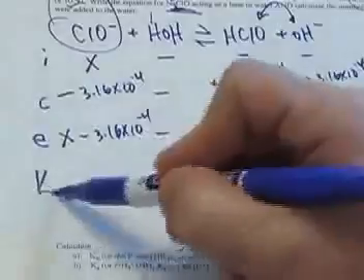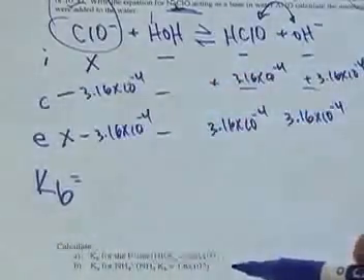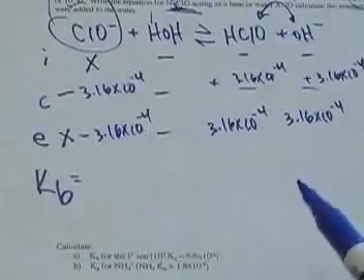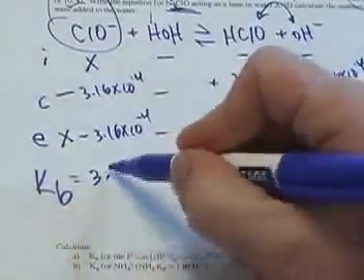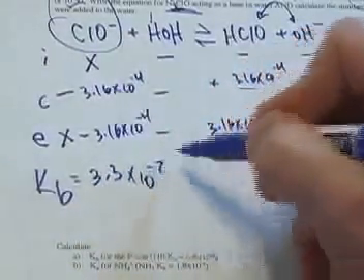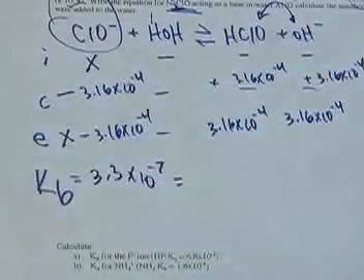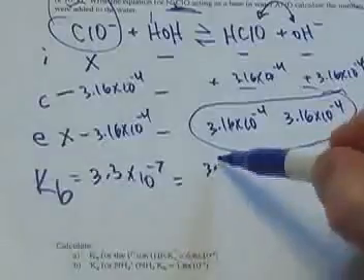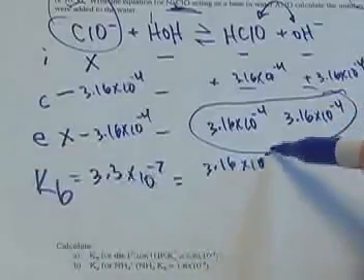Well, setting this up in the Kb expression, and if I look up Kb of ClO minus, Kb is 3.3 times 10 to the negative 7th. This is equal to my products, which is 3.16 times 10 to the negative 4th.